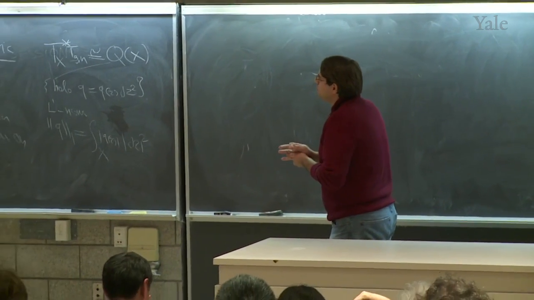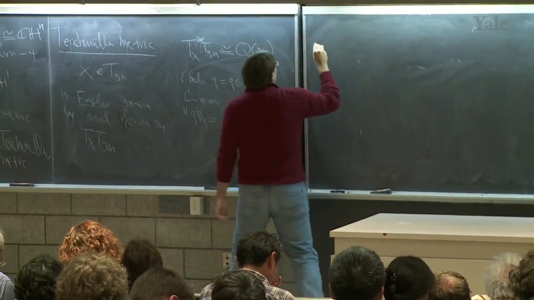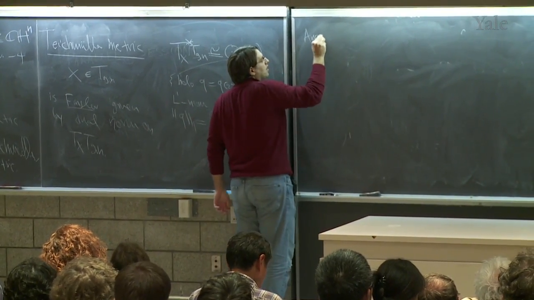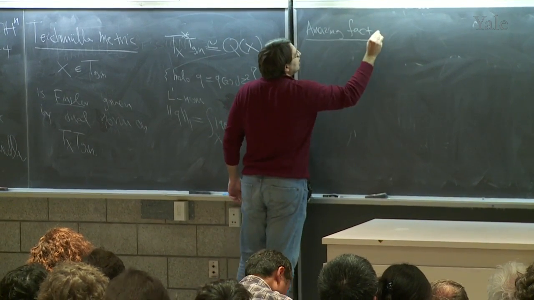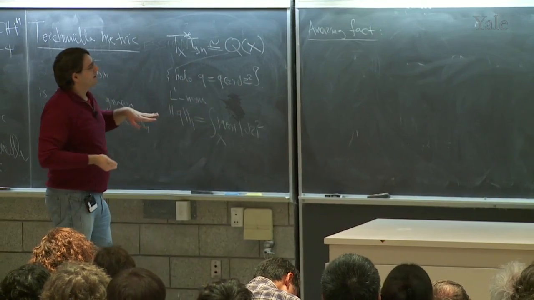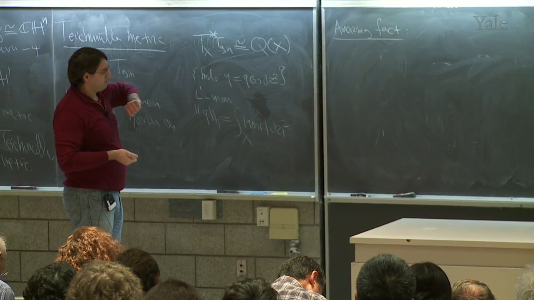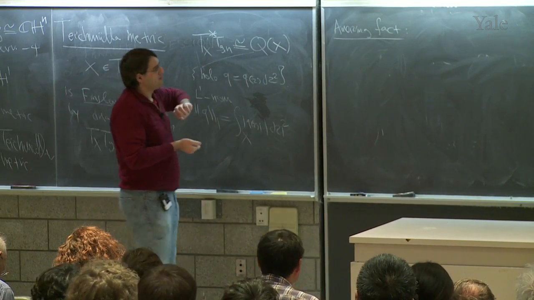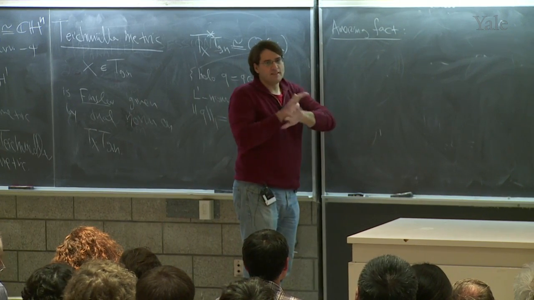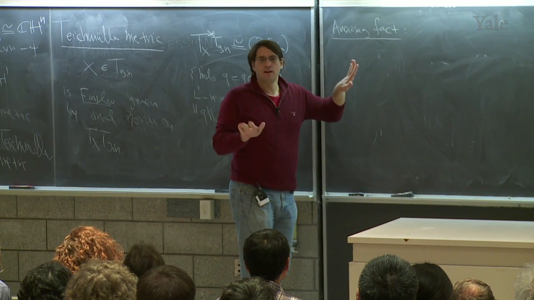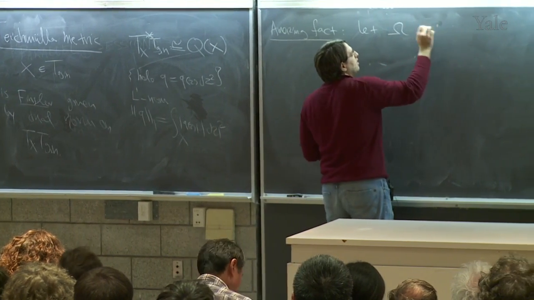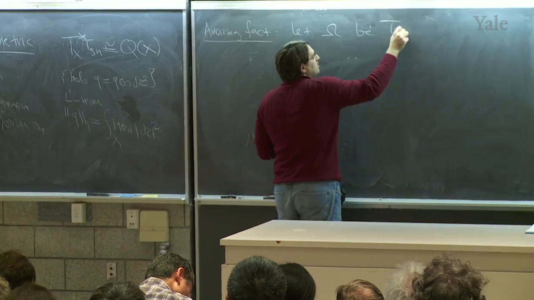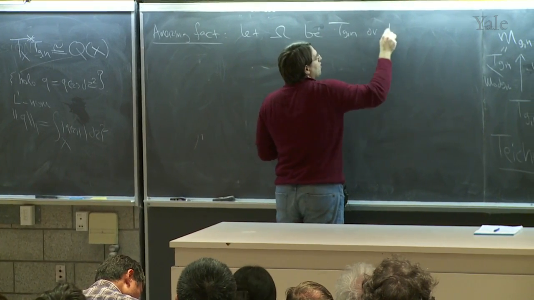Okay, so let me tell you what I consider to be an amazing fact. Although the Kobayashi metric on Teichmüller space and bounded symmetric domains is practically never Hermitian, these spaces are abundantly populated by holomorphic complex hyperbolic lines. So let omega be Teichmüller space or a BSD.